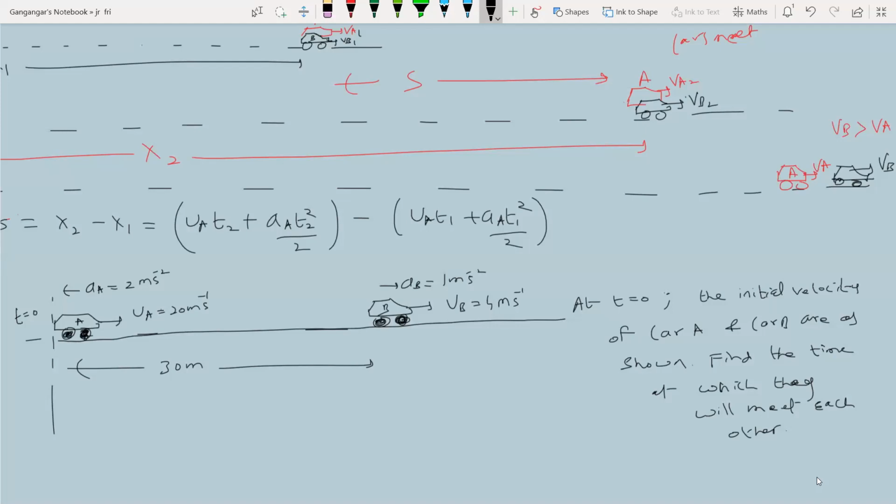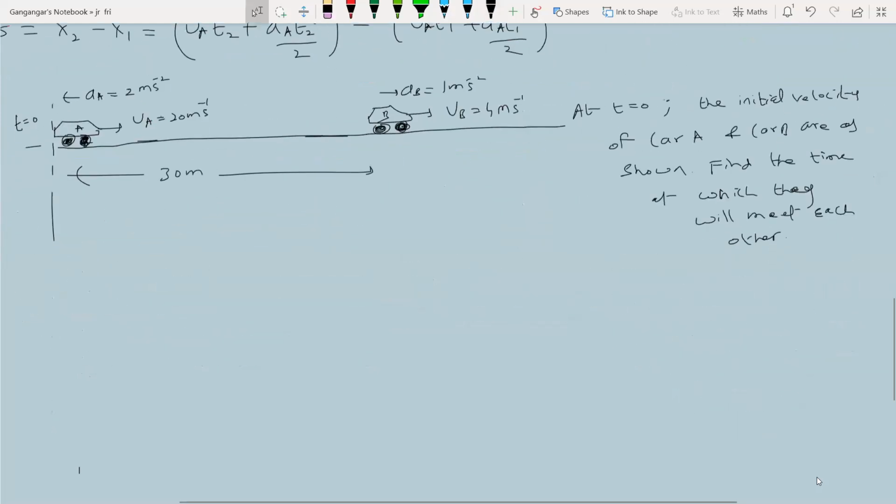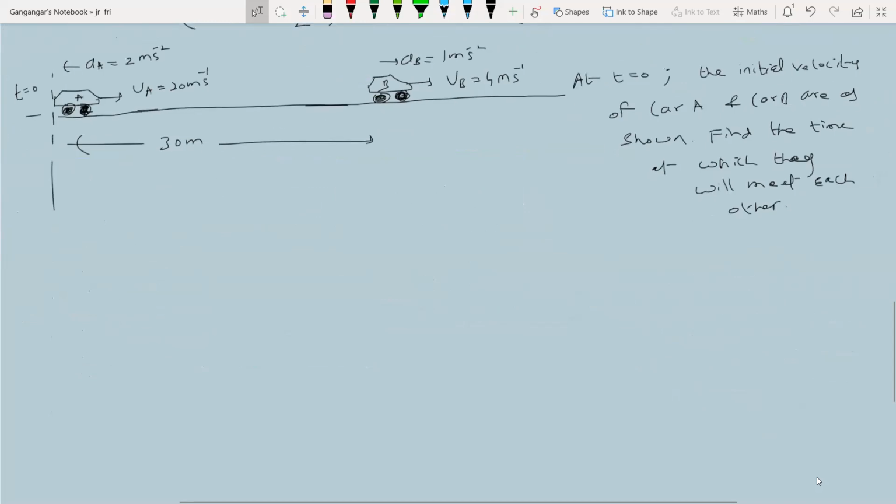At 2 seconds and 30 seconds, work out the velocities of car A and car B also, so that you get the exact picture of how the path will be. Okay, sir. So I'll proceed with the formula. S AB final.